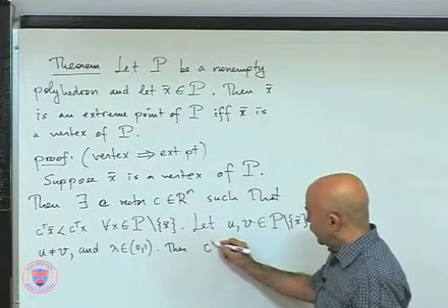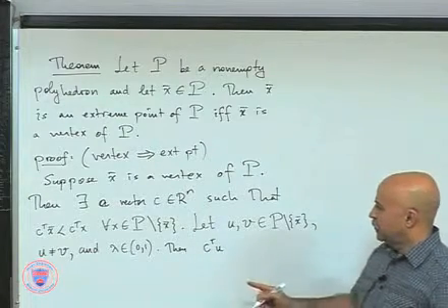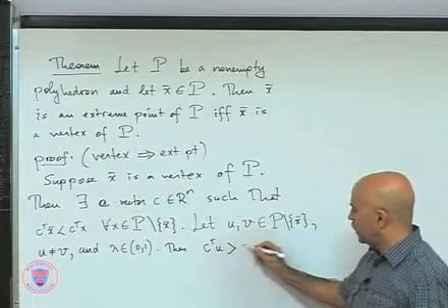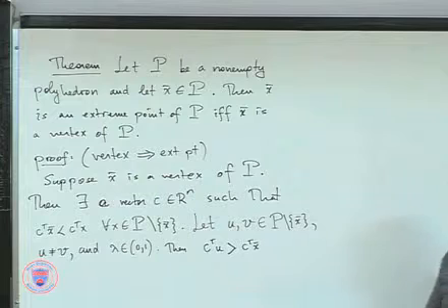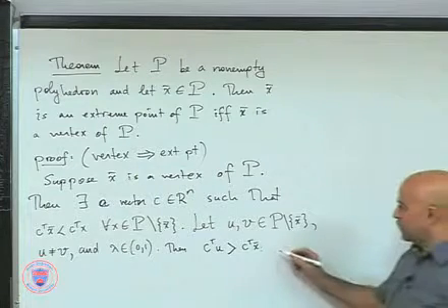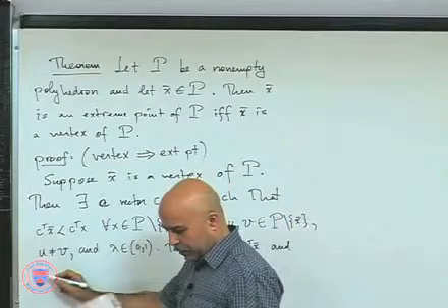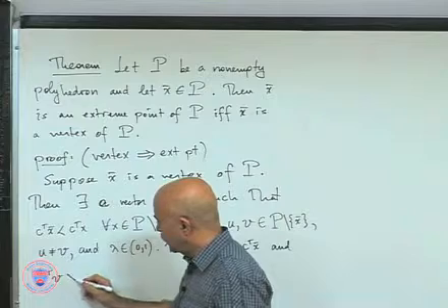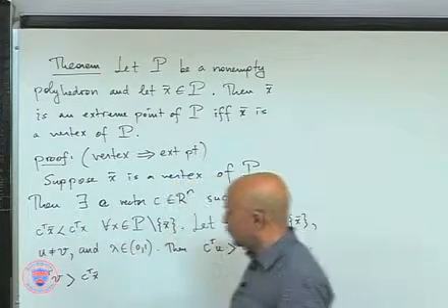Now, when you look at C transpose u, by assumption, u is in P minus x bar, so you've got this. Okay? And the same holds true for the other one, v. So that one is also greater than C transpose x bar.